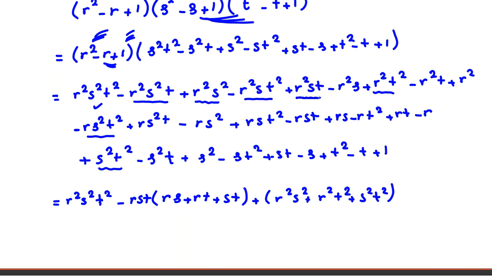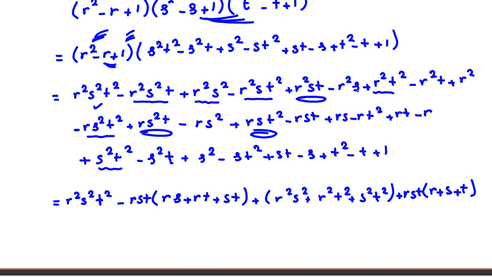The next part, r squared st, rs squared t, rst squared. If we factor out rst, it will be r plus s plus t.